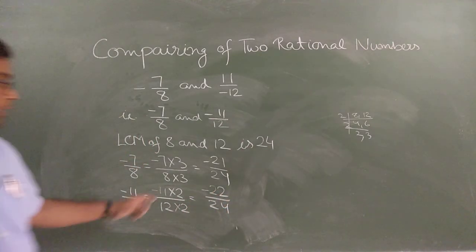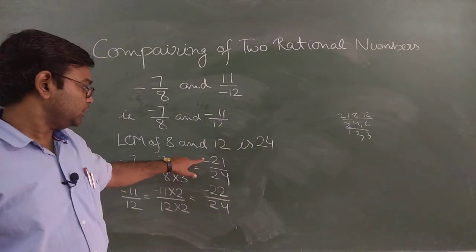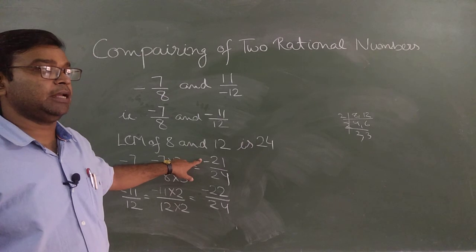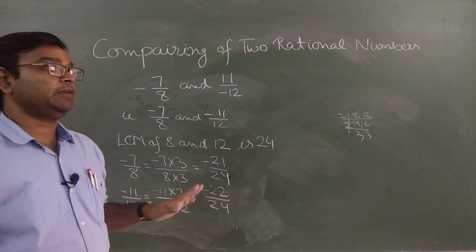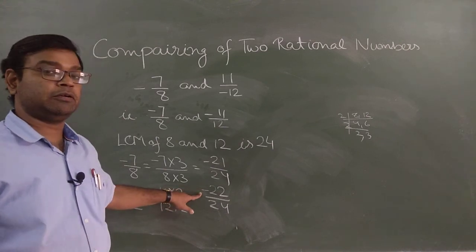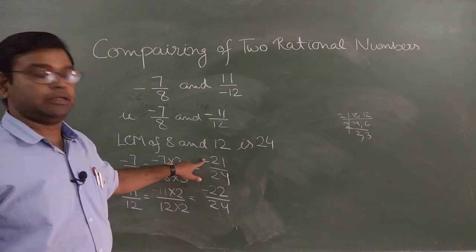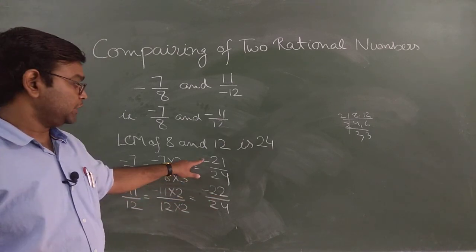As we know, in case of negative sign, this one is smaller than this one, because we know about the number line that a number placed on the left hand side is always smaller than the one on the right hand side. So on the number line, minus 22 is on the left hand side, then minus 21.